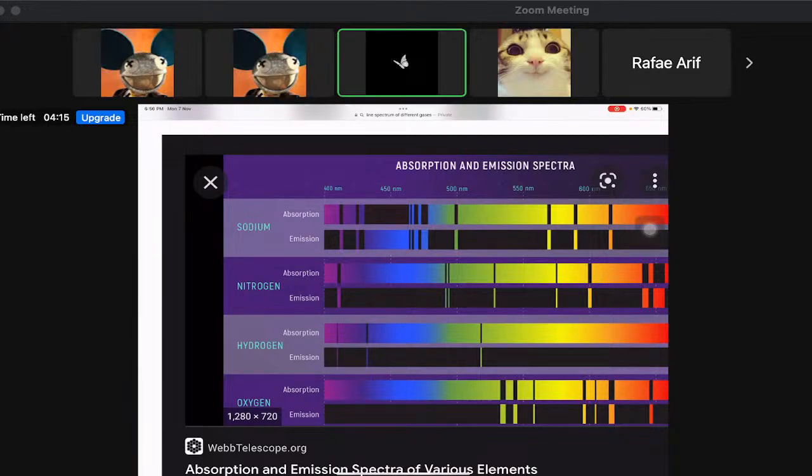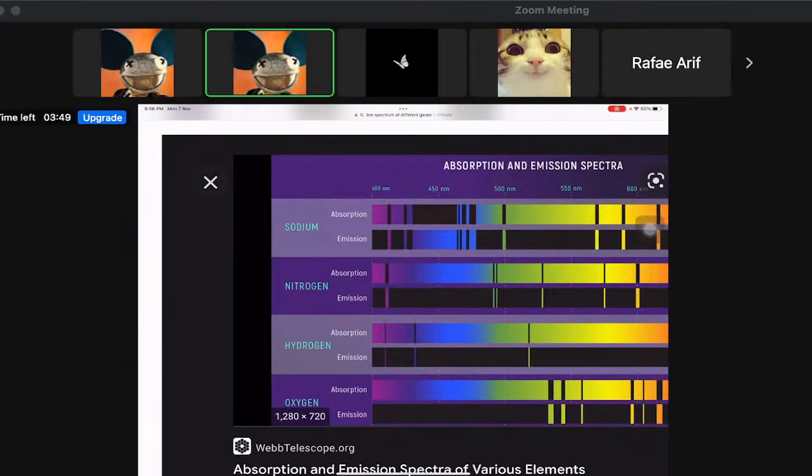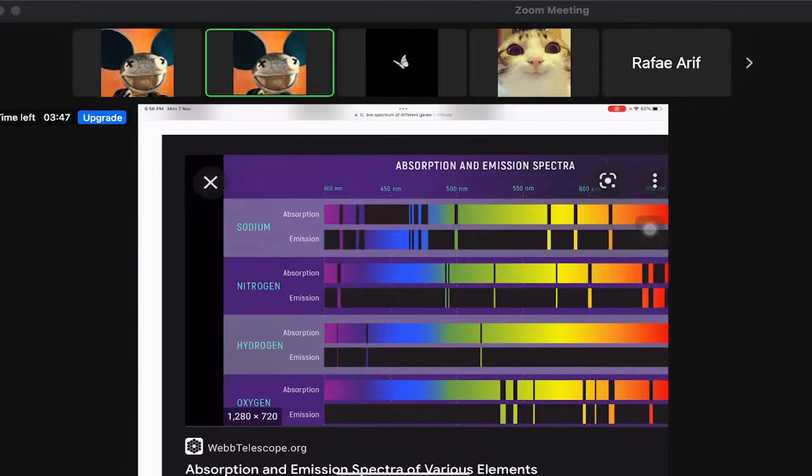Because from a source you're sending all types of light towards it, and it's only taking those photons which it requires. So it's absorbing those photons. Got my point? And if you heat up the gas, and now when it de-excites, it's only producing, like if you look at the first line, which is close to 400 nanometer, the black and the purple are basically upside down, they're the same.